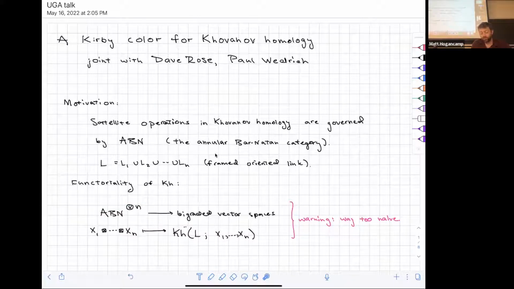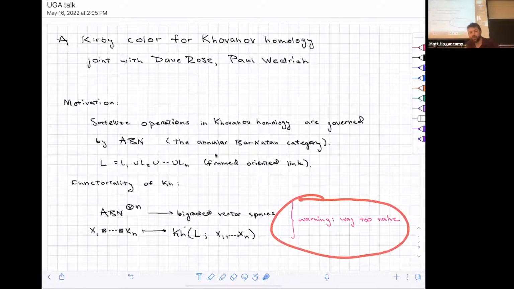Objects here represent the kinds of ways we may cable our link, and morphisms here describe relationships between those cables. Notation-wise, I'll temporarily denote this cabling operation by the Khovanov homology of a link colored by these various labels.